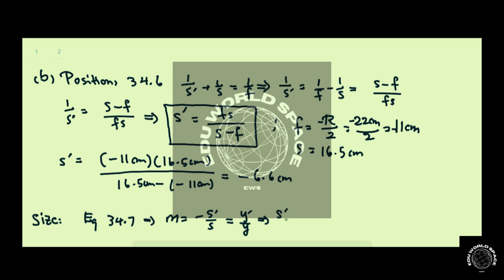So we have that minus s prime over s is equal to y prime over y, and we want to know the size of the image. So we were already given y, we just found s prime and we know s. So we can isolate y prime. So we have y prime is equal to minus s prime over s times y. And this will give us the size of the image.